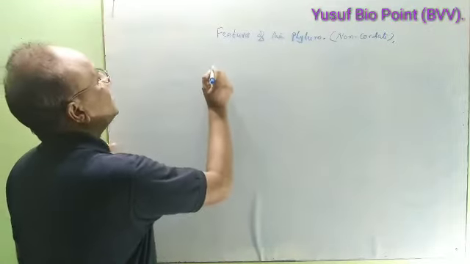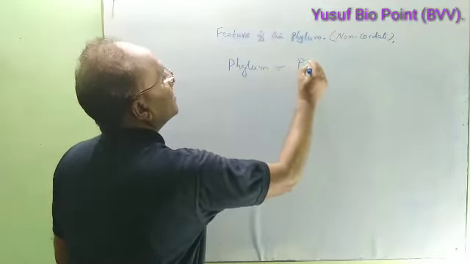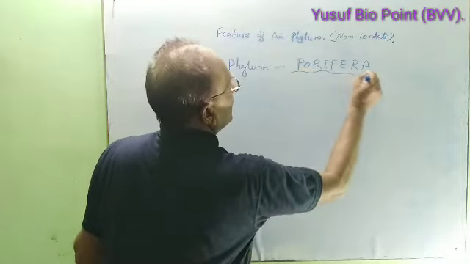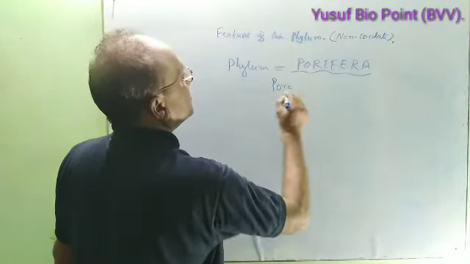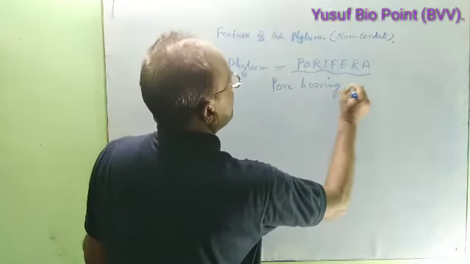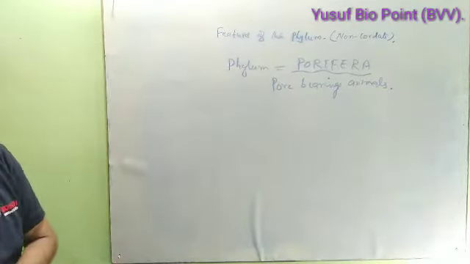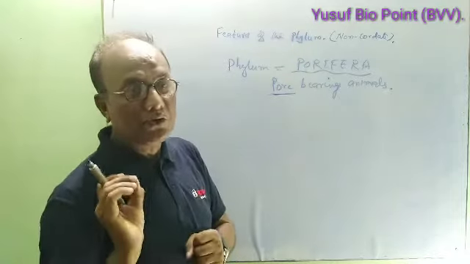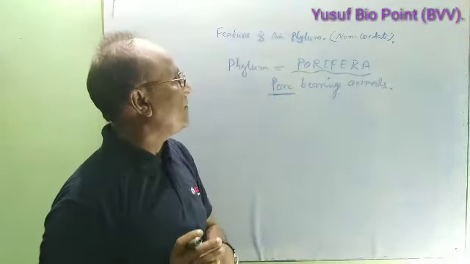In that, the first phylum is Porifera. It means those animals on whose body many minute holes are found, that is called pores. Such types of living things come under this phylum.